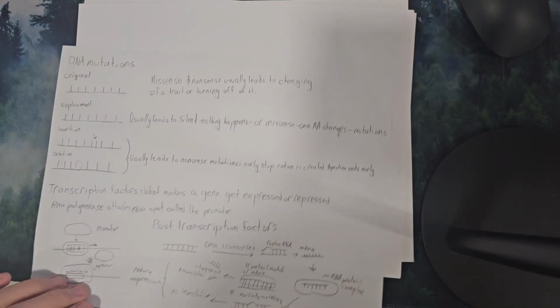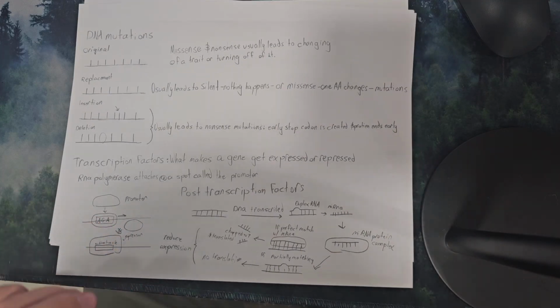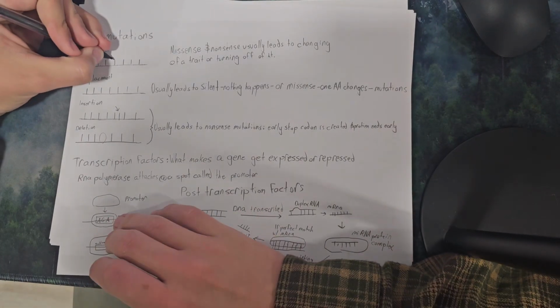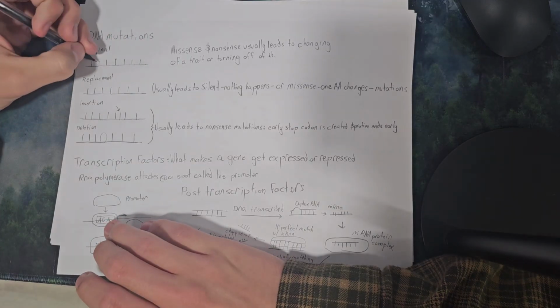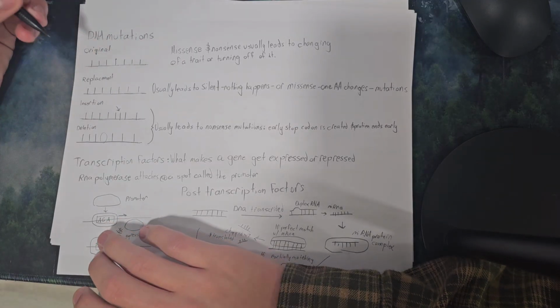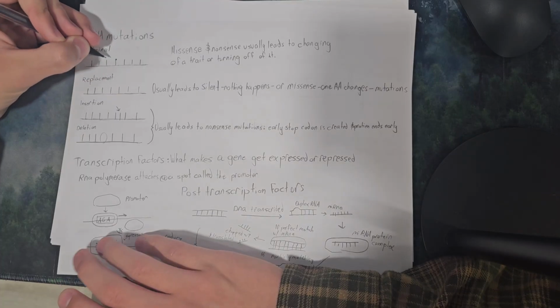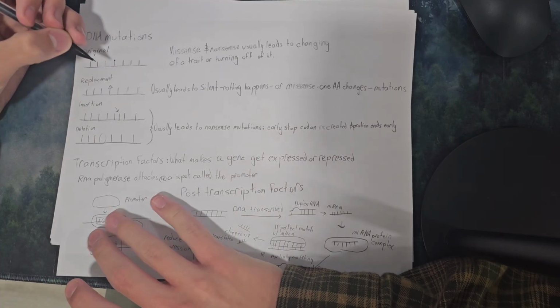So DNA will eventually have mutations. That's just one of the ways things work. Let's say this is my original, right? I have this right here. This is what it looks like. The replacement mutation would be, instead of there being a little dot here, or an A, it would actually be a T, which is like a triangle like this.